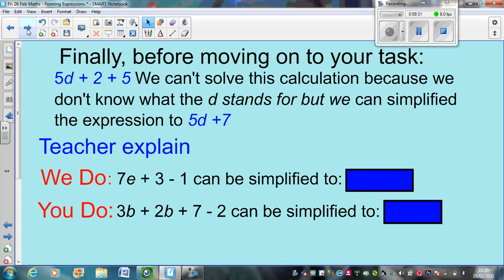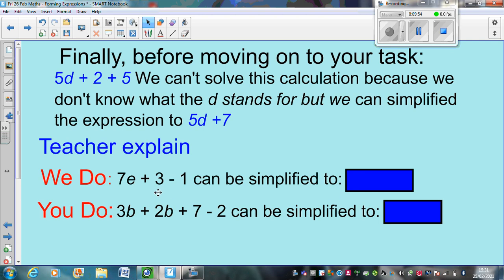It could be pencils, bananas, apples. We've already discussed that. We don't know what D is, so that doesn't matter. But we can simplify the expression. The plus 2 and plus 5, we can say 5D plus 7, because we've grouped together these numbers.